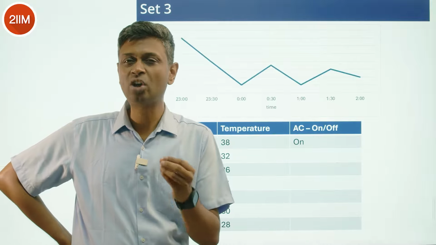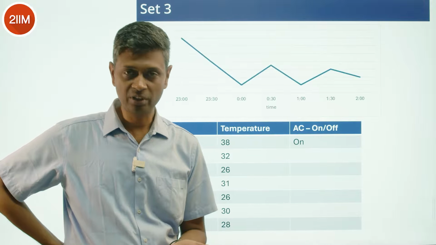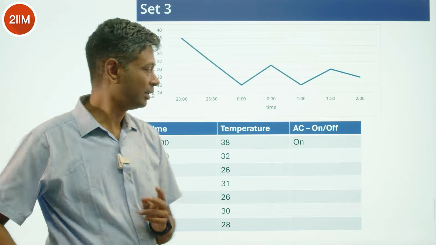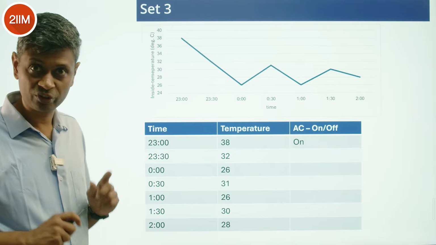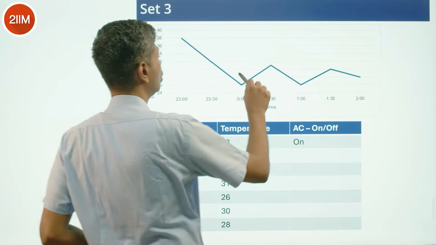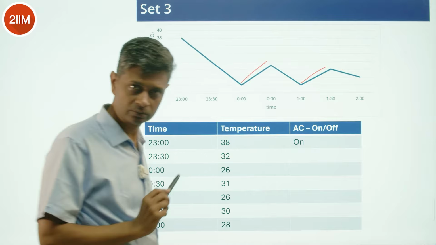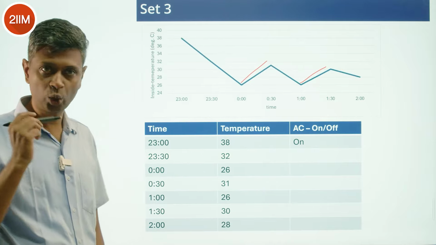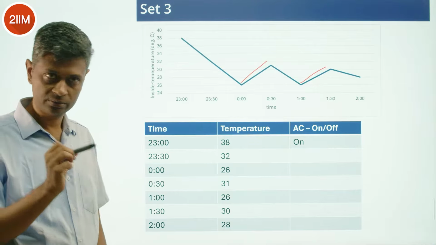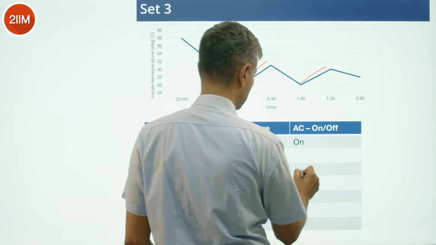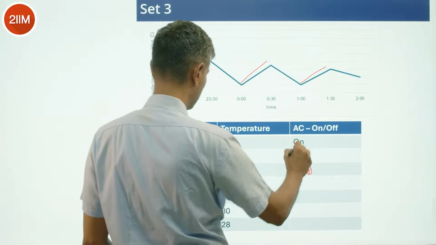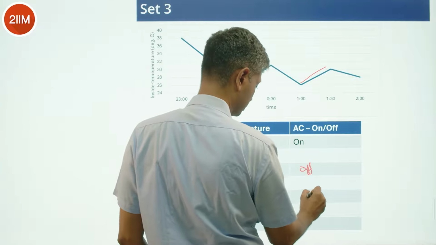When the AC is off, then the temperature rises. So first of all, we can notice that the temperature rises from 12 to 12:30 and 1 to 1:30. That means at 12 it has been switched off. So at 12 we switch it off. At 1 it has been switched off.